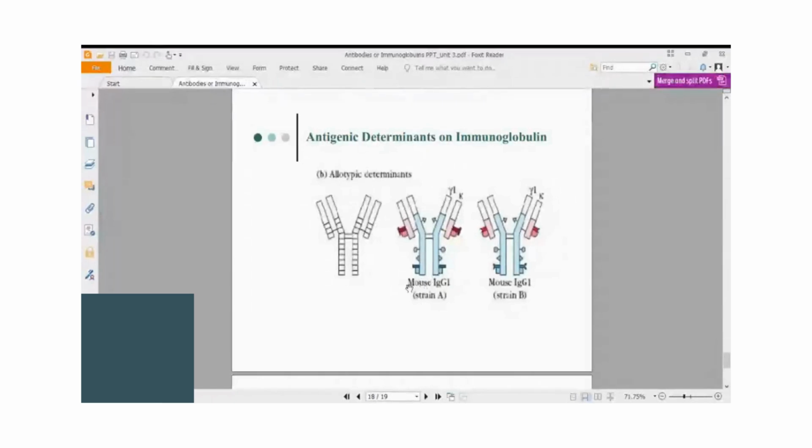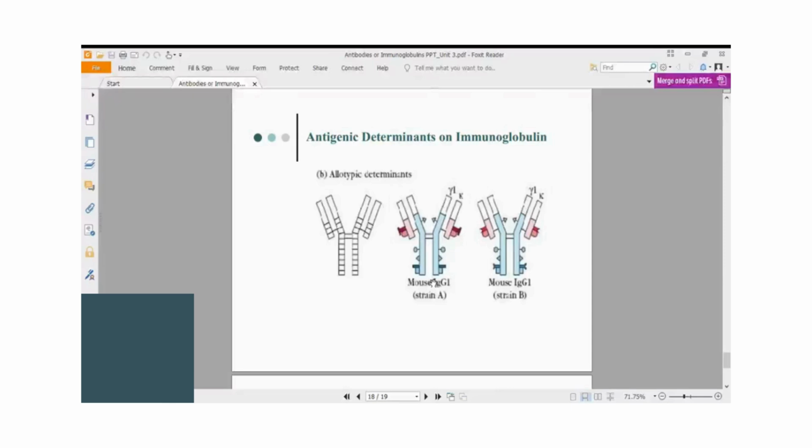I don't know whether you remember, I had mentioned IgG and I had even given the structure of the IgG class into 4 different subclasses: IgG1, G2, G3, and G4. So if you want to classify an immunoglobulin of the same family into subclasses, you have to identify the minor differences in that immunoglobulin.